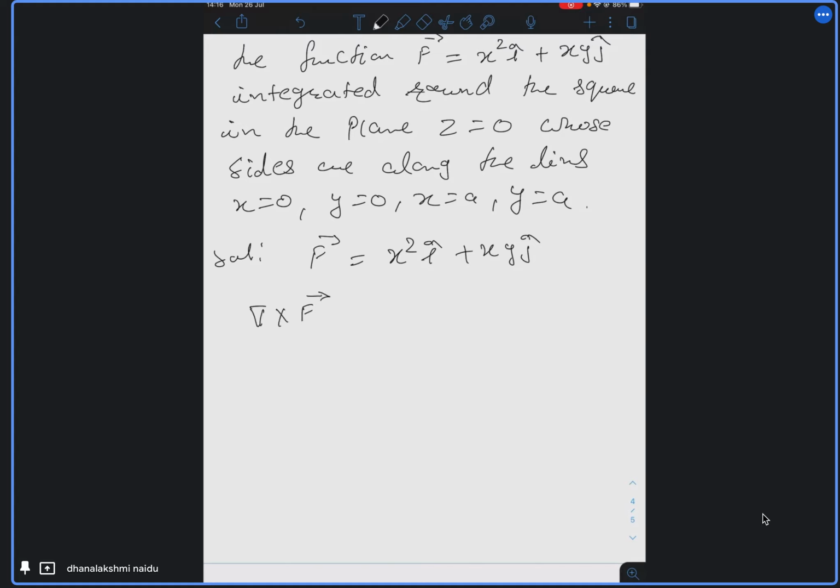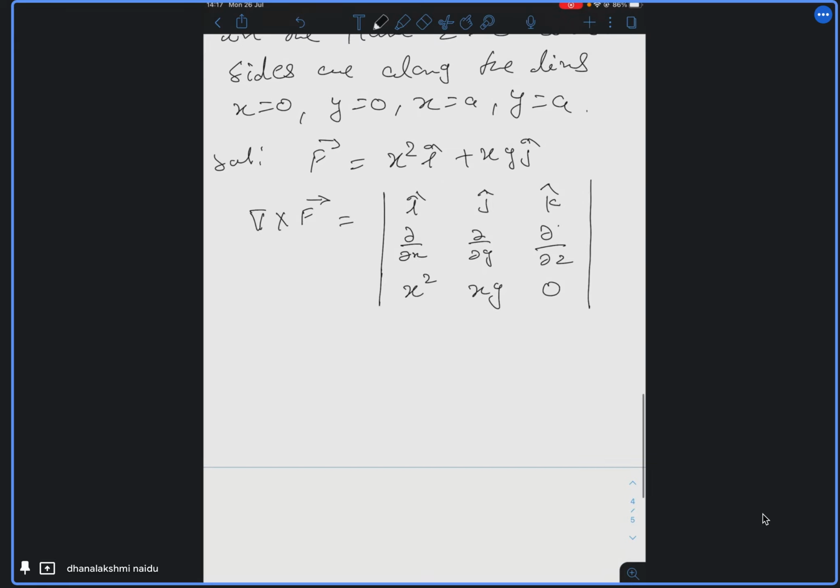This will be equal to the determinant with i, j, k, and the components dou by dou x, dou by dou y, dou by dou z, and then x square, xy, and there is no k term, so 0. Now solve and tell me what will be your del cross f bar. Simplify this and tell me.